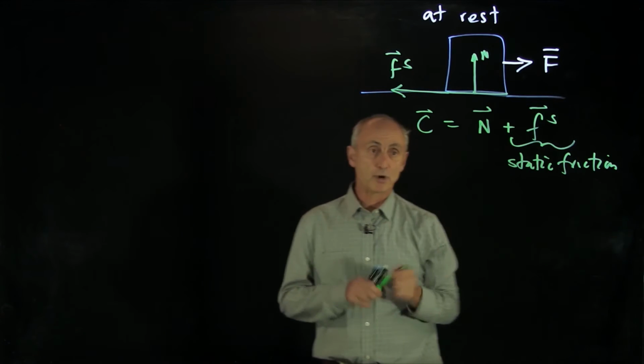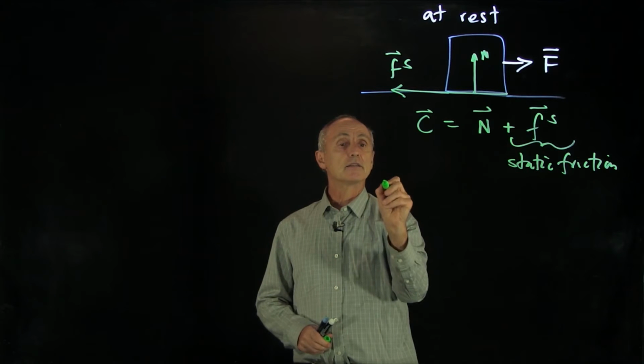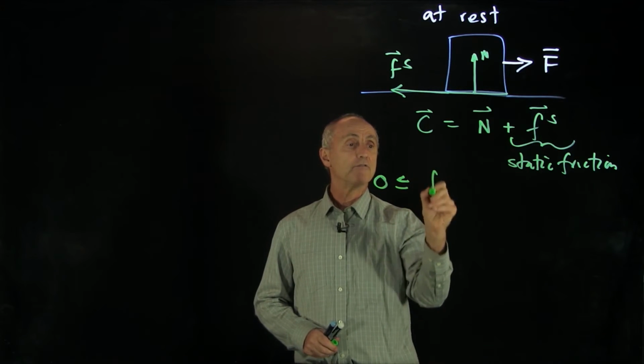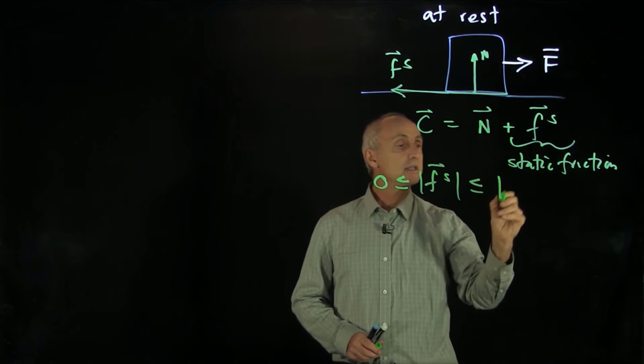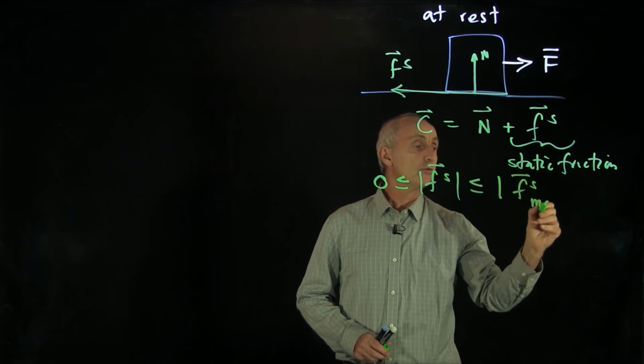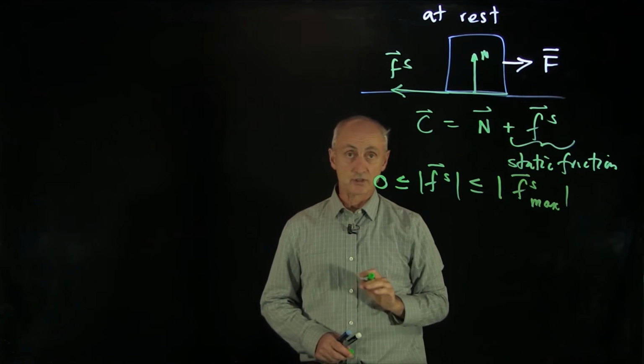How do we express those properties? Well, what we have is the idea that the static friction can vary in magnitude between 0 and some type of maximum value, depending on the other constraints on the system.